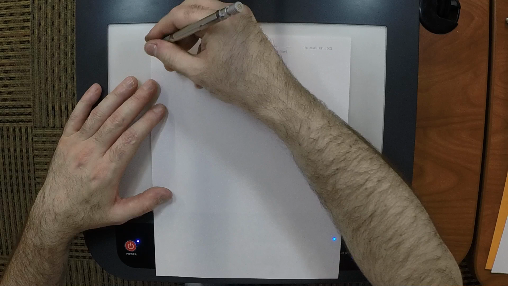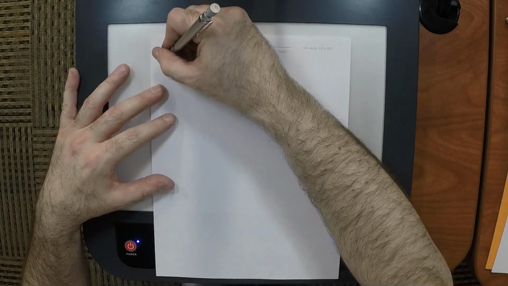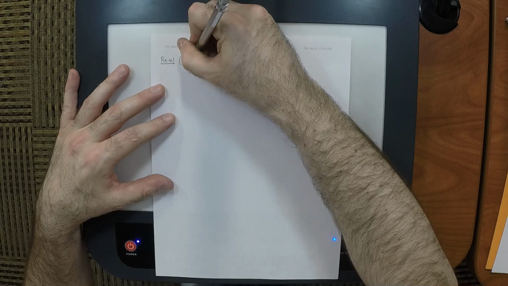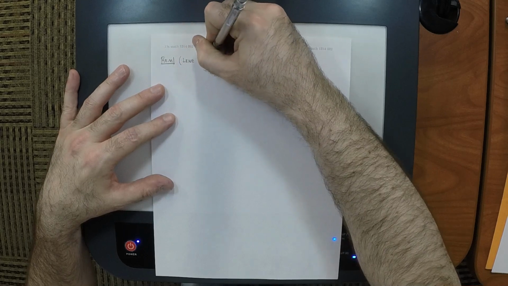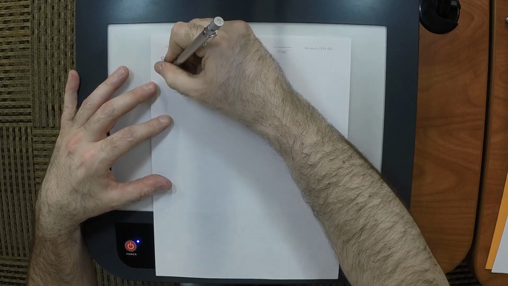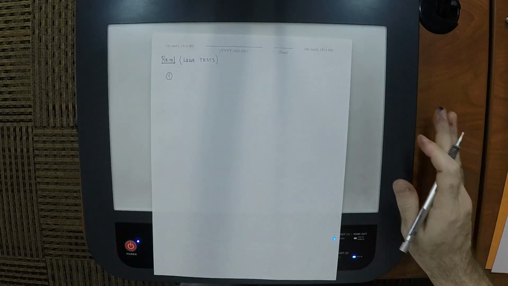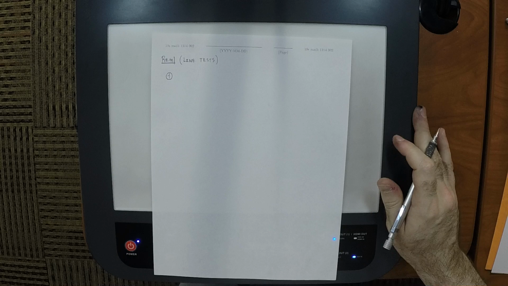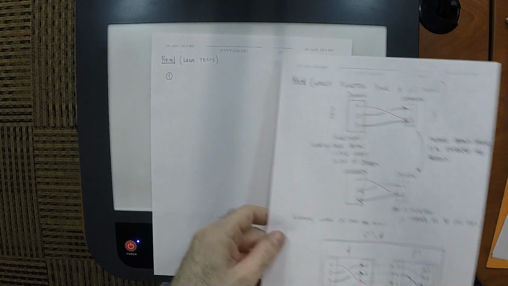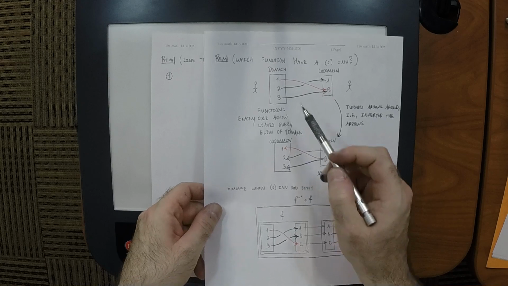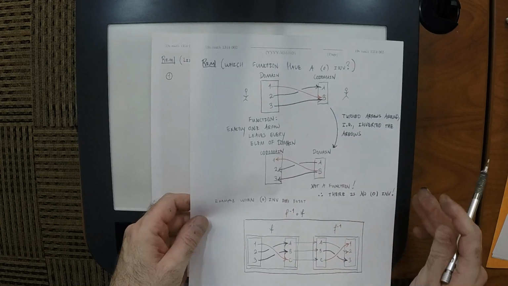These are called the line tests. When you're looking at diagrams like these, the test for whether it is a function is: is there one arrow leaving?